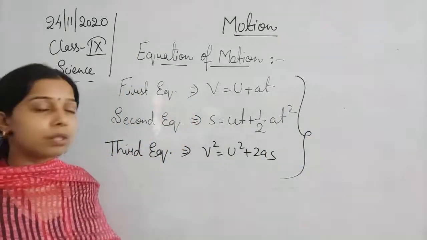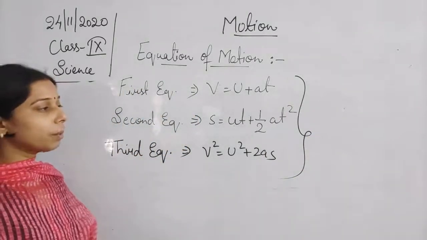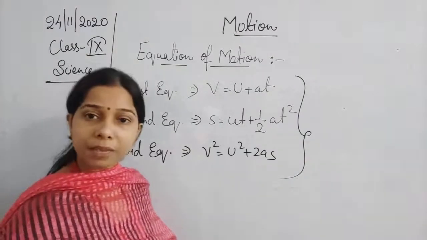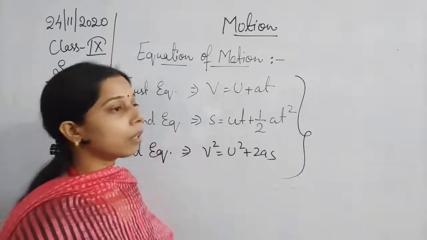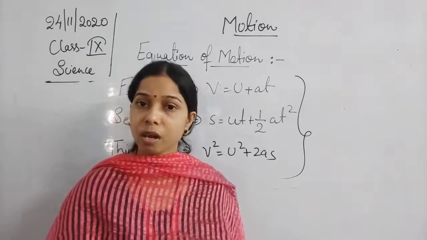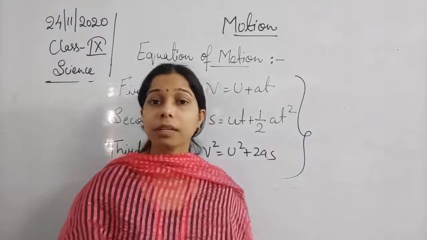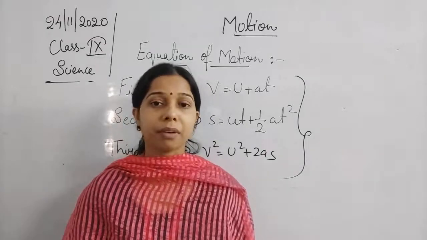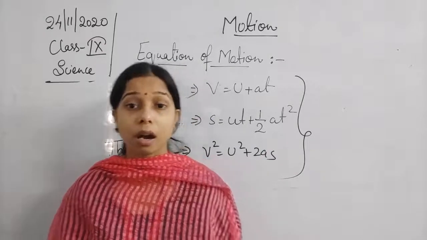Okay, v is equal to u plus at, s is equal to ut plus half at square, v square is equal to u square plus 2as. So these are the three equations of motion, and we have understood how we can derive all three equations of motion. It is a very important derivation to understand.